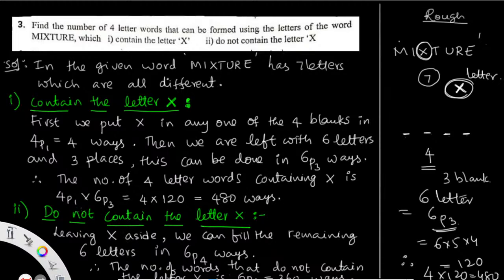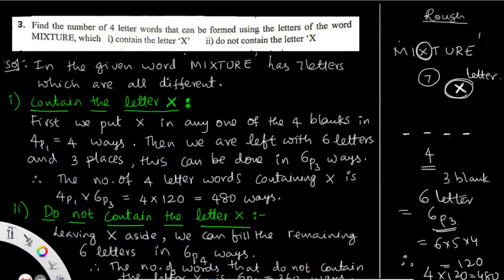And similarly, do not contain the letter X. It should not contain the letter X, so it should be kept aside. That means leaving X aside. Then we can fill the remaining 6 letters. X aside means how many? 6 letters are remaining. So that is why we can fill the remaining 6 letters in 6P4 ways.